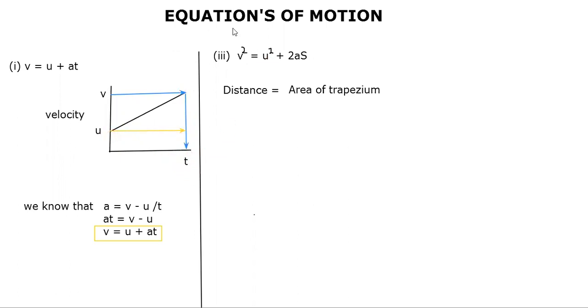So if you put all these values with symbols, distance s is equal to half sum of parallel sides, v plus u, into height, t. Now if you see the first equation of motion, from there you can find the value of t. t is equal to v minus u divided by a.